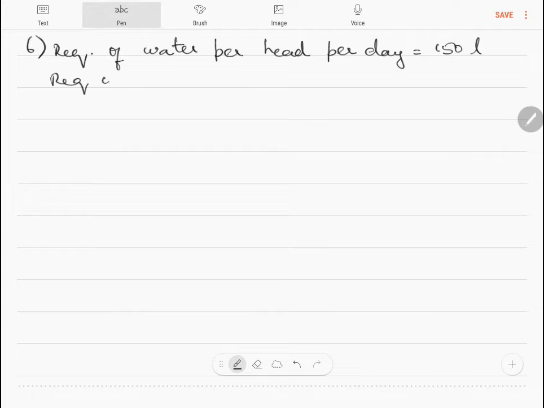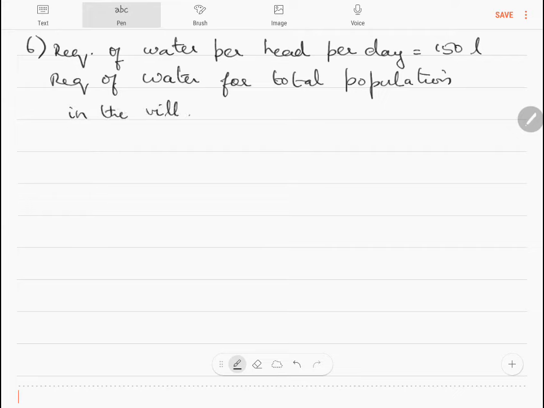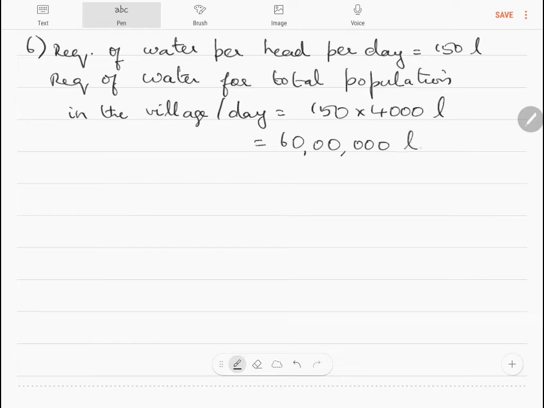So, the requirement of water for the total population in the village per day will be 150 into 4,000 liters, which is equal to 60 lakh liters.